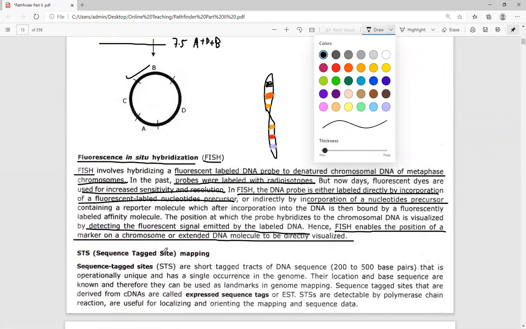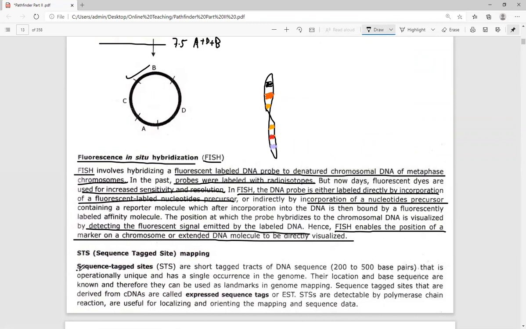Now, what do we mean by sequence tagged site mapping, also referred to as STS mapping? Sequence tagged site mapping tracks genomic DNA that is operationally unique and has a single occurrence in the sequence of the genome.